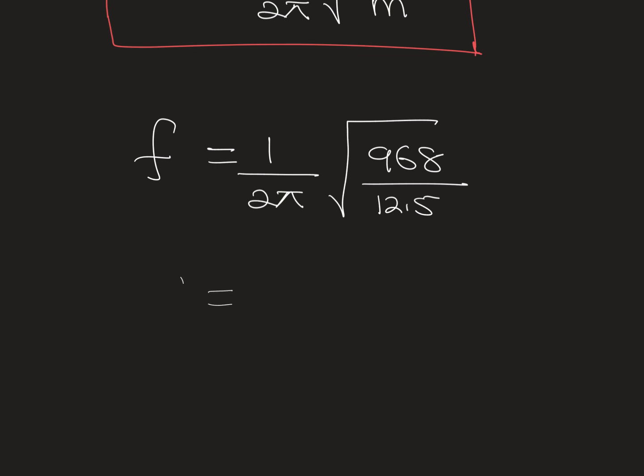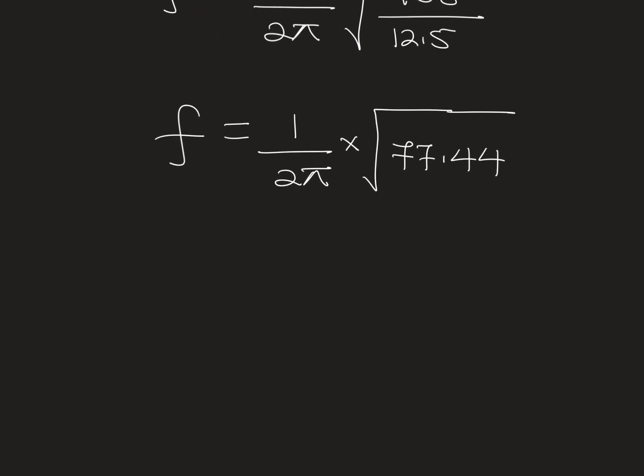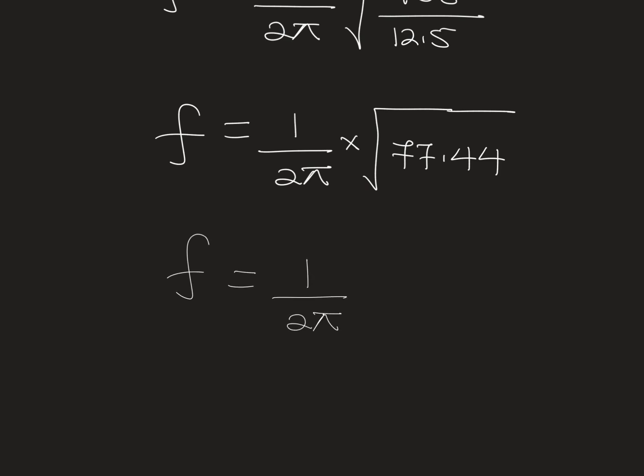So that's going to be 1 all over 2 pi times the square root of 968 divided by 12.5, which is 77.44. So F is equal to 1 all over 2 pi times the square root of 77.44, which is 8.8.